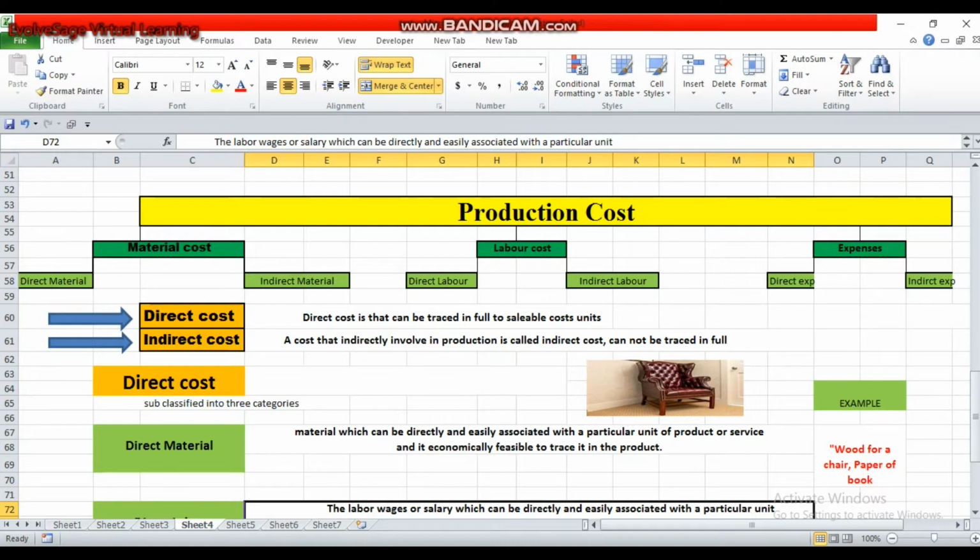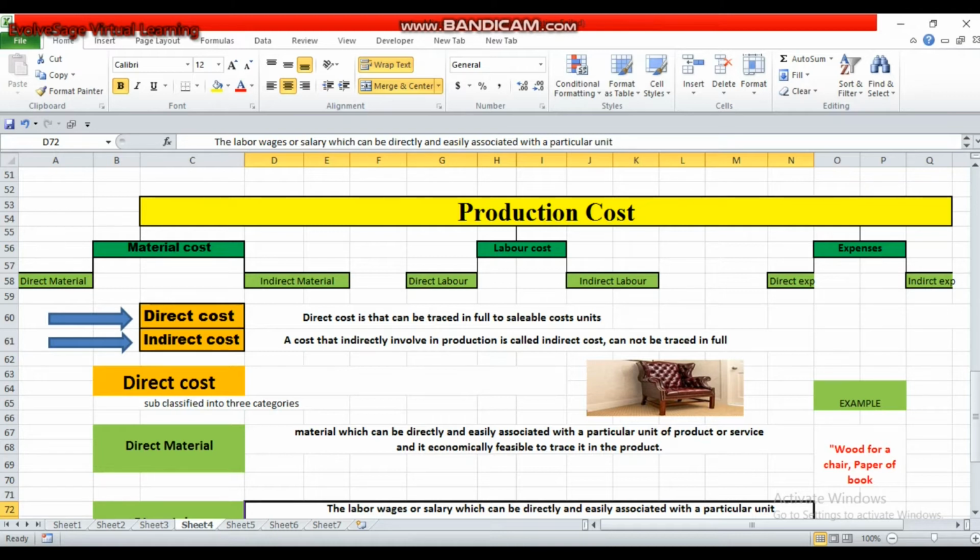Okay, so let's first discuss what direct and indirect cost actually mean. Guys, direct cost is the cost that can be traced in full to a saleable cost unit. So what does this mean? This means that direct cost is the cost for which we can quantify how much has been consumed in a single product.